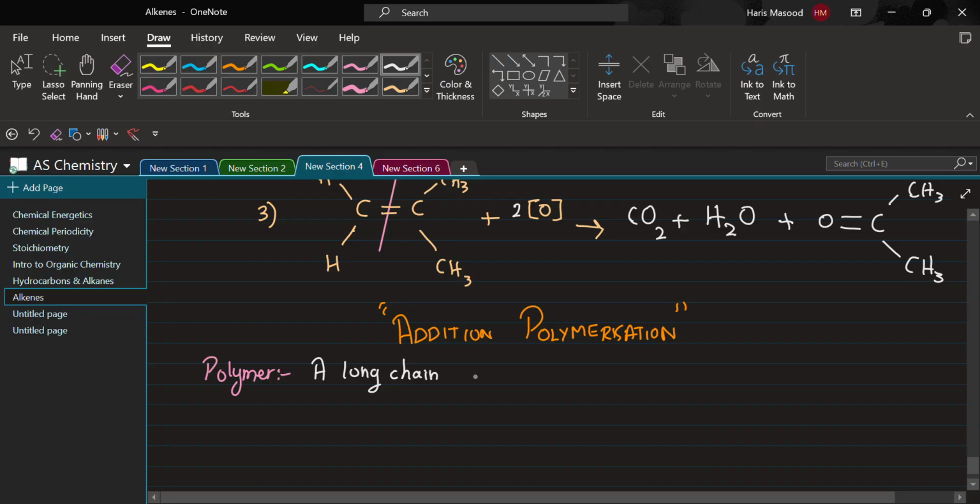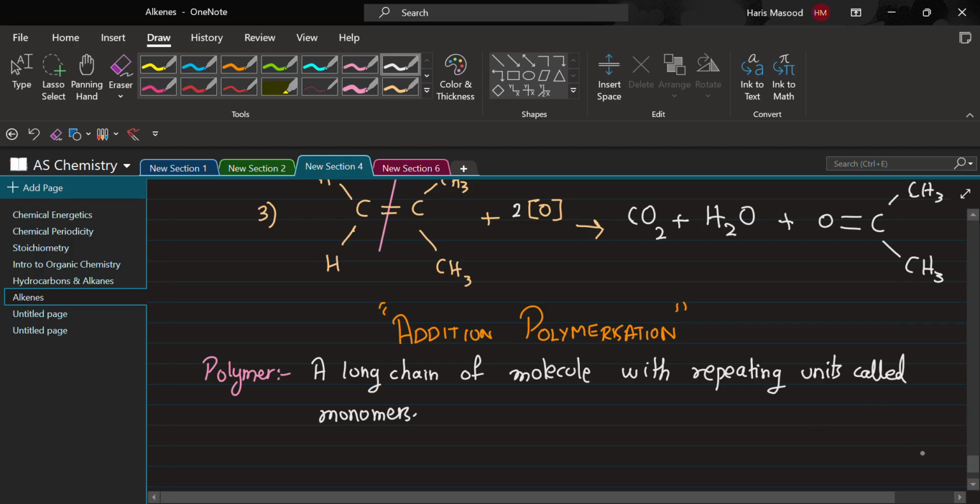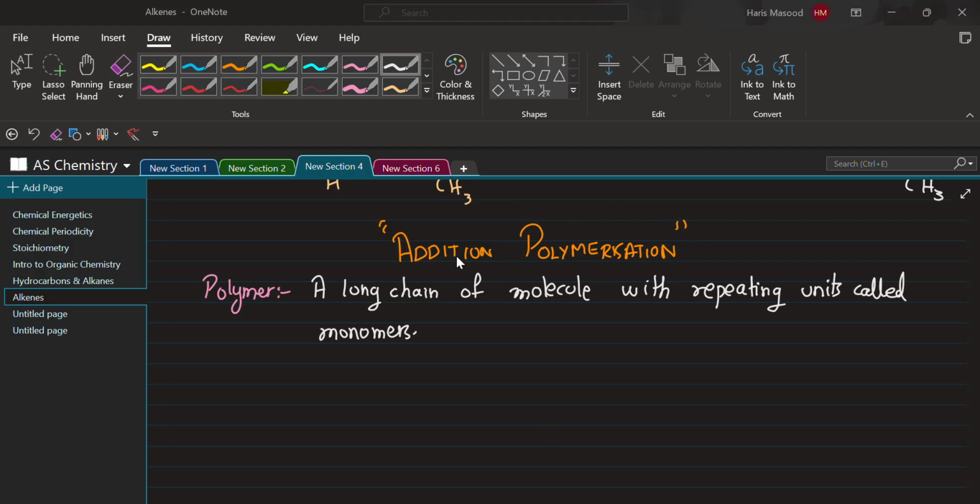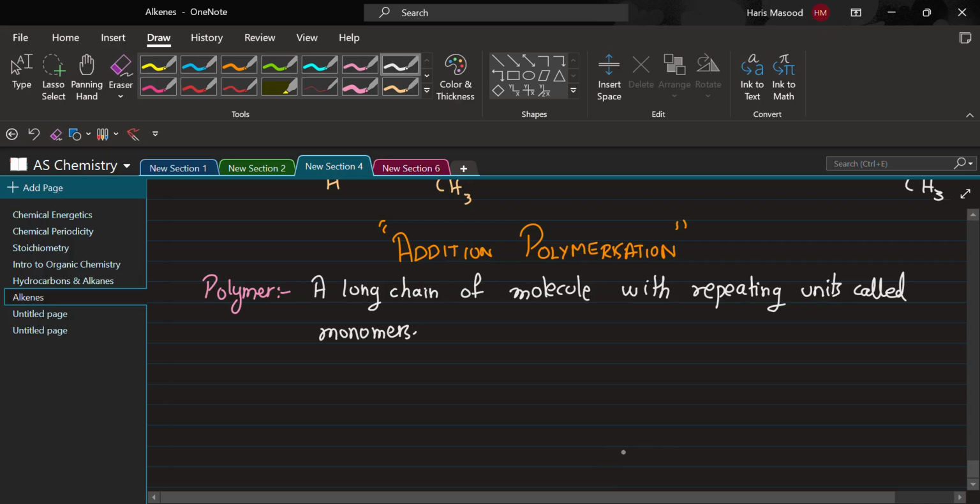A long chain of monomers. So now let's look at how they make the polymers, by the carbon double bond joining.